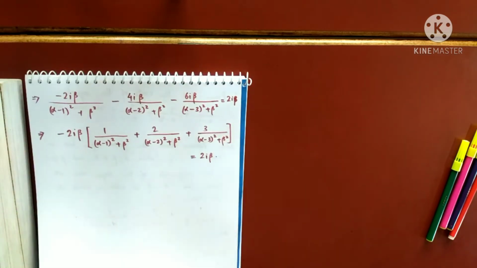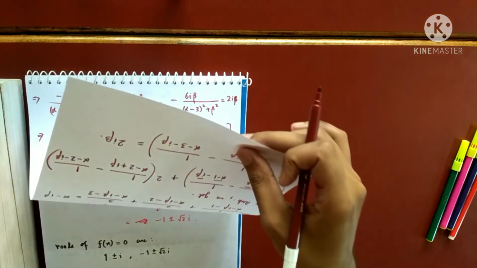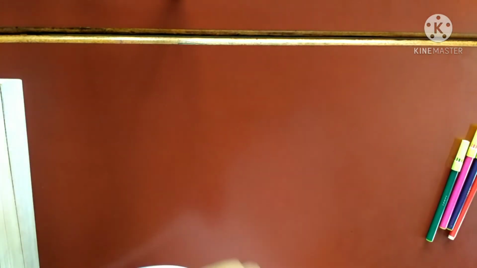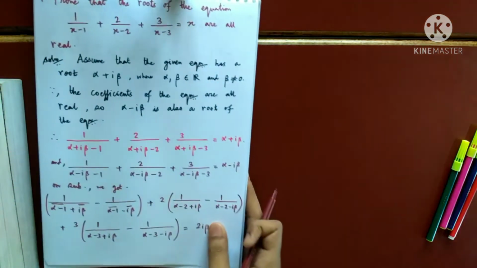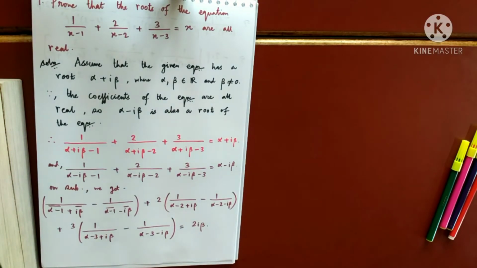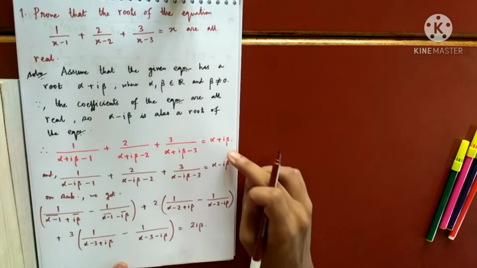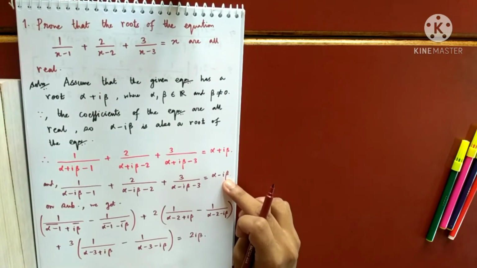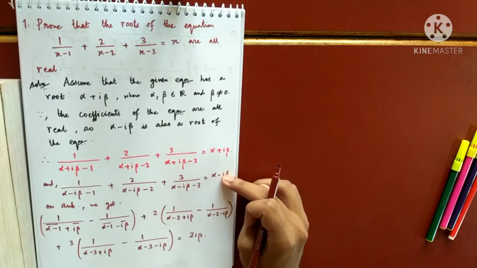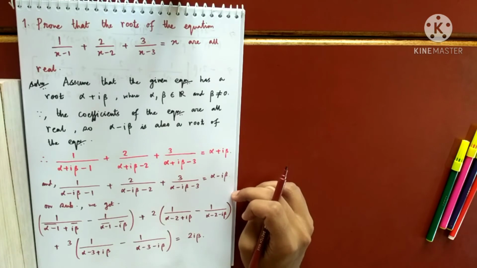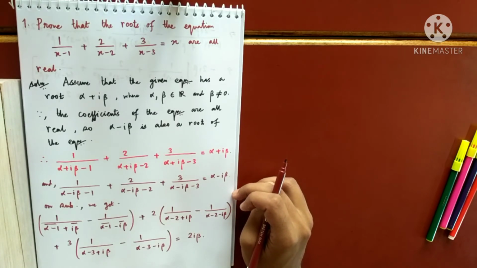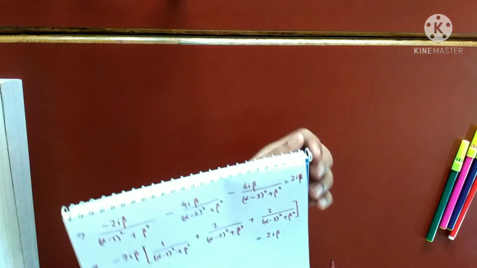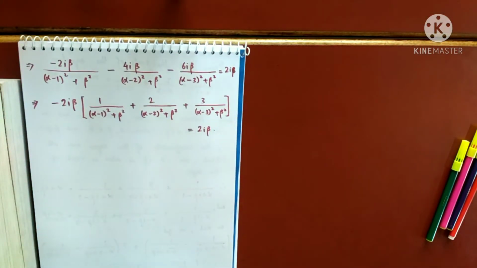Oh, it was minus 2i beta, so sorry. Yeah, it was minus 2i beta. I had made a mistake. Yeah, so we are getting this.